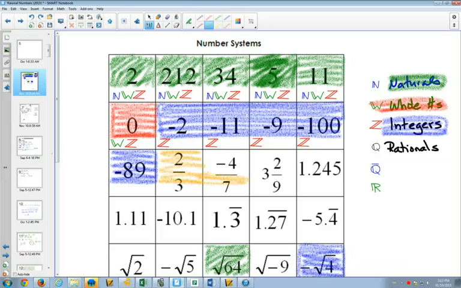What if it's negative? Negatives are okay. So all of your fractions, and this is a decimal that ends, so that's included. Here's another decimal that ends, another decimal that ends. This one is a decimal that repeats, so it is a rational number.